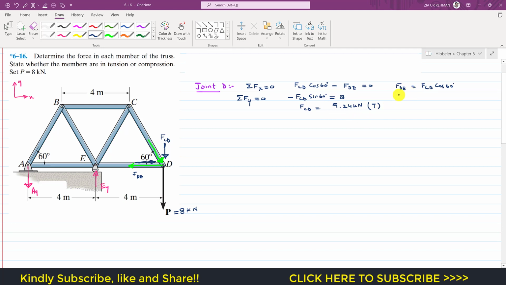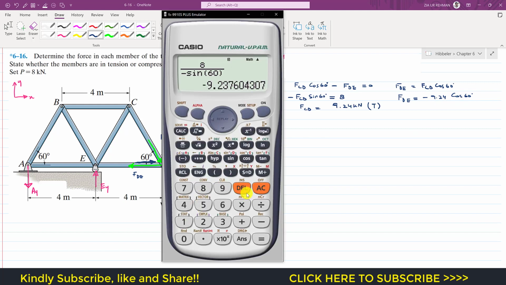Now if I put that FDE, FDE equals FCD cos 60. According to our assumed direction, the magnitude of FCD is negative, so we have to write minus 9.24 cos 60.